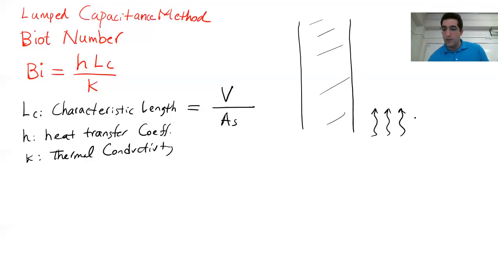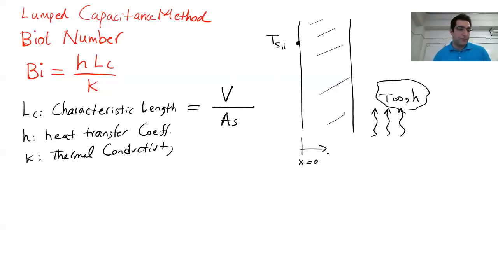So basically you have convection going on at temperature of T infinity and heat transfer coefficient of h. Let's call the temperature on the left wall as Ts1, surface temperature 1. By the way, this is where x starts. So this is x equals 0. And the thickness of this wall is L.